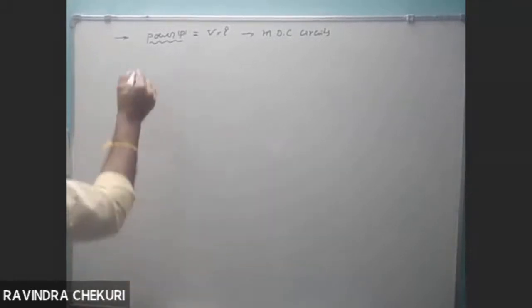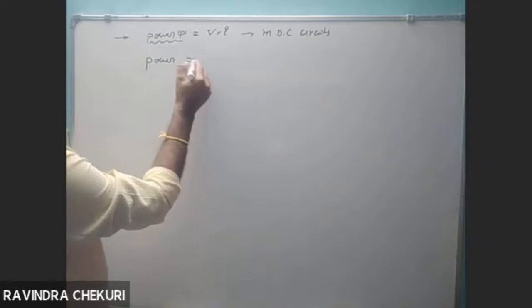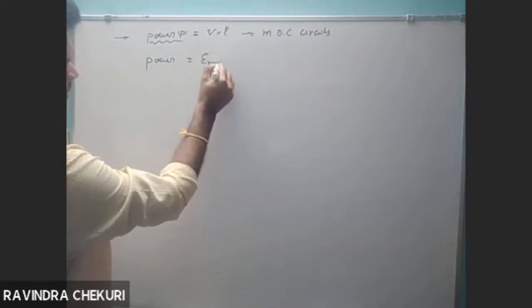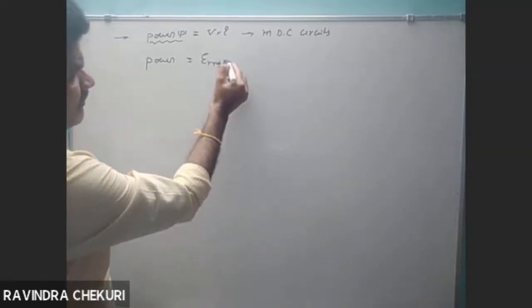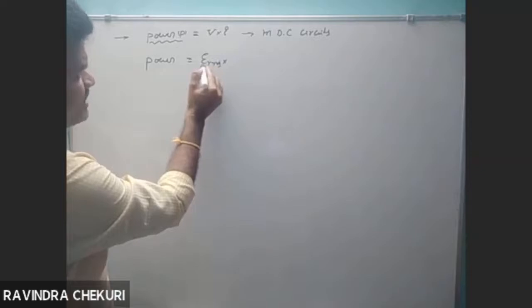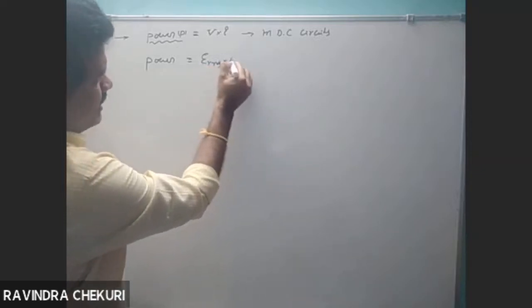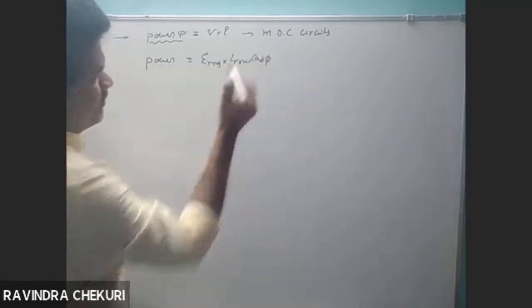But in AC, how to calculate power? The power is equal to the product of the RMS value of voltage and the component of current which is in phase with the voltage, that is IRMS into cos phi.